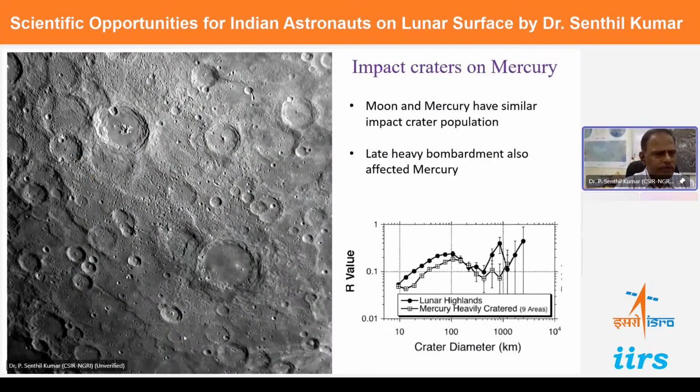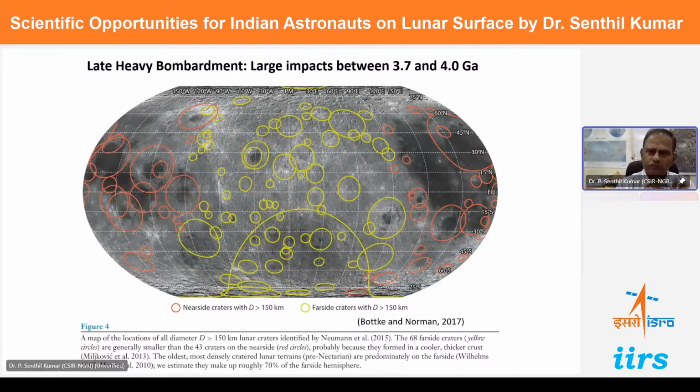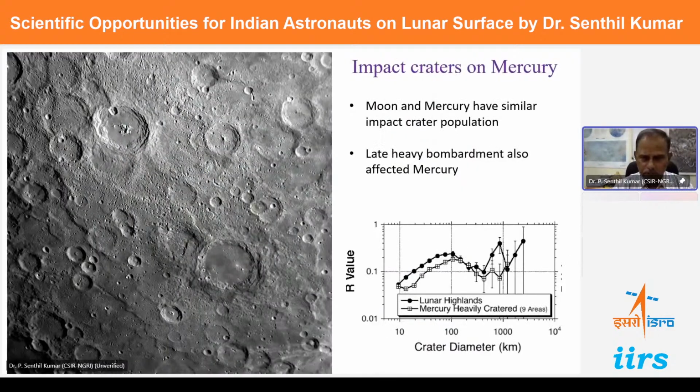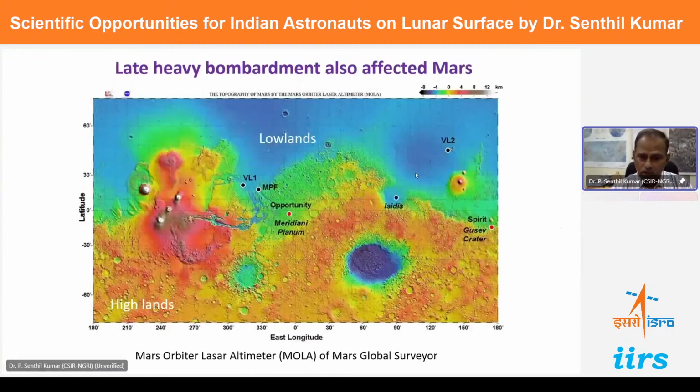Look at Mercury. The Mercury surface also has many craters comparable in size and quantity to those of the moon. The craters there also look very similar to the moon in terms of population density. Therefore, the late heavy bombardment that occurred on the moon between 4 and 3.7 billion years ago also occurred on the surface of Mercury and also Mars.